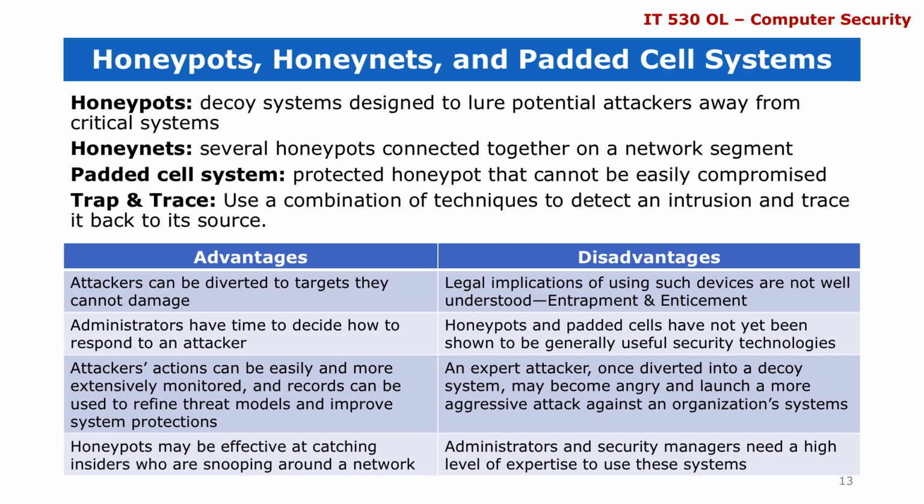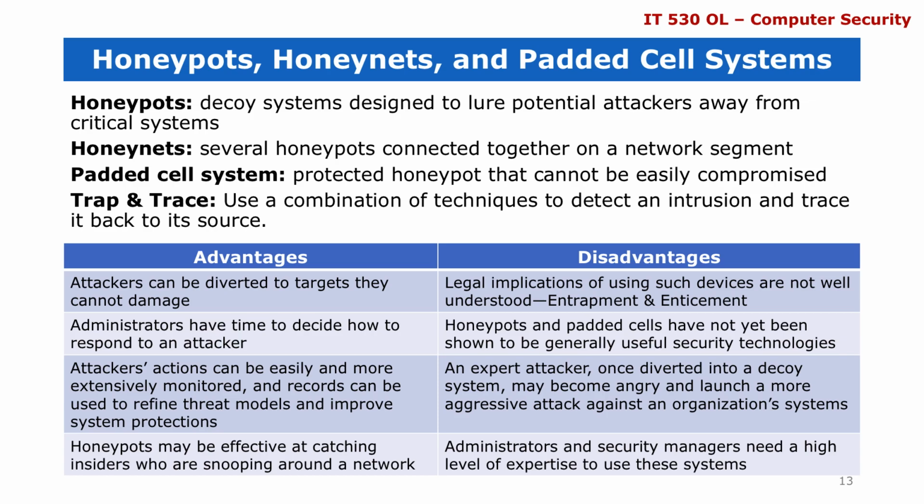The takeaway from padded cells is that when you have a honeynet and an IDPS detects the attackers, some mechanism, as part of the padded cell system, will transfer the attackers into a simulated environment where they cannot cause any harm, but they will think they are already in the network.